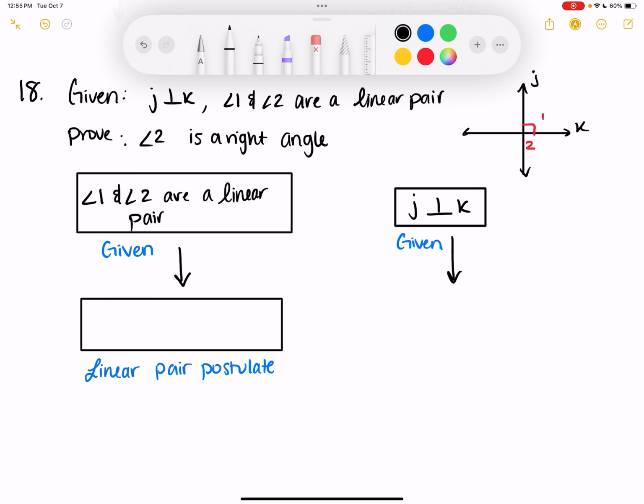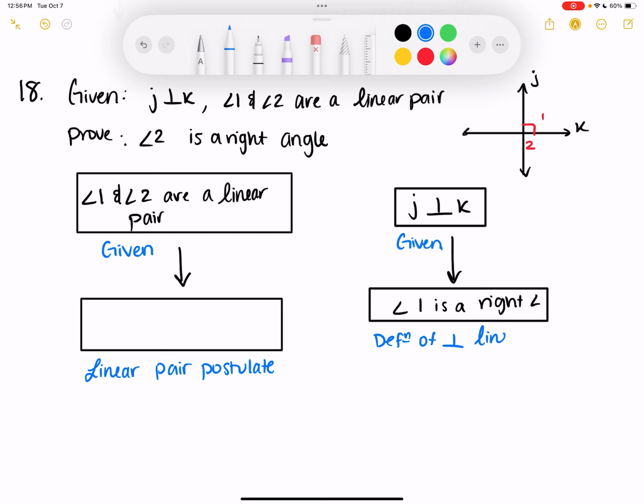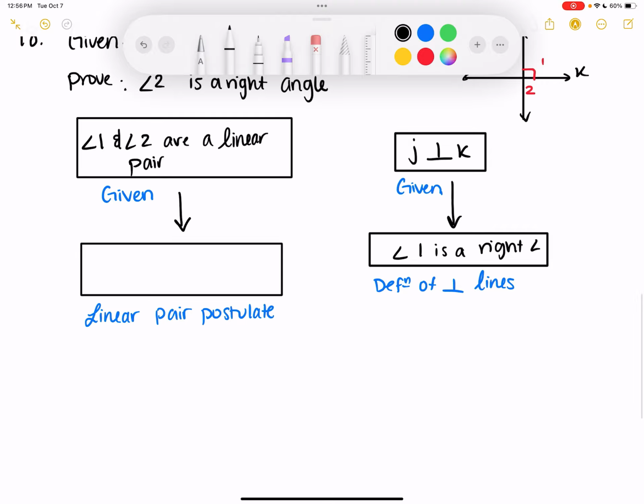Over here, angle 1 is a right angle. And they give us the reason for this one. It's the definition of perpendicular lines. Keep going down on this side.